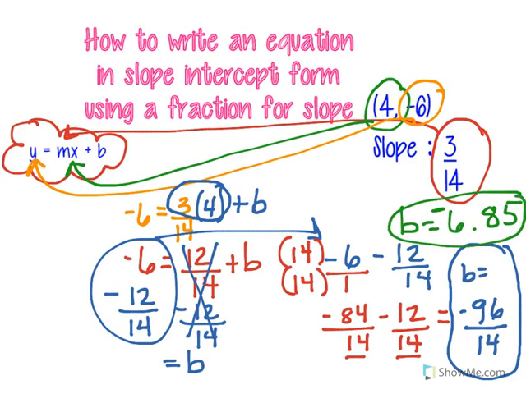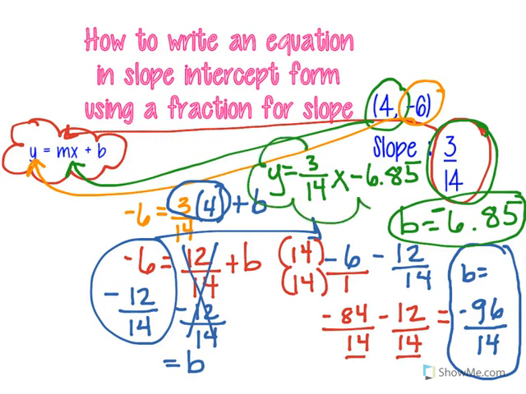So I can use my b, my y-intercept, and the slope now to write an equation. And my equation is going to be y equals the slope, which is 3 over 14, x minus 6.85. And this would be my equation written in slope-intercept form.